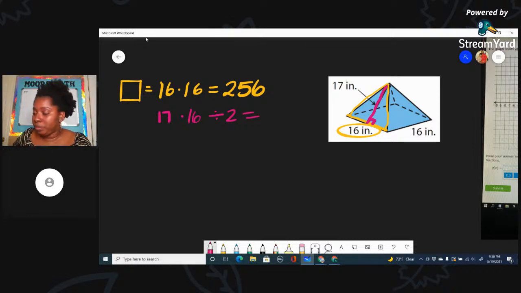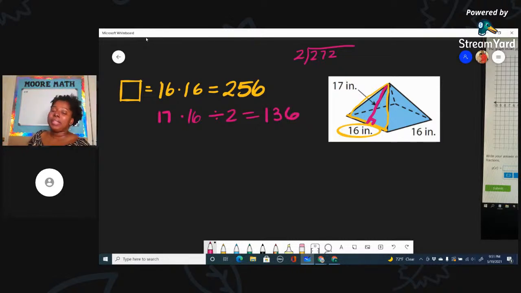And then divided by 2. So do 272 divided by 2. What do you get? 136. Yes. Okay. So remember you had that for the first one. Maybe that's what you got for the triangle, that 136.